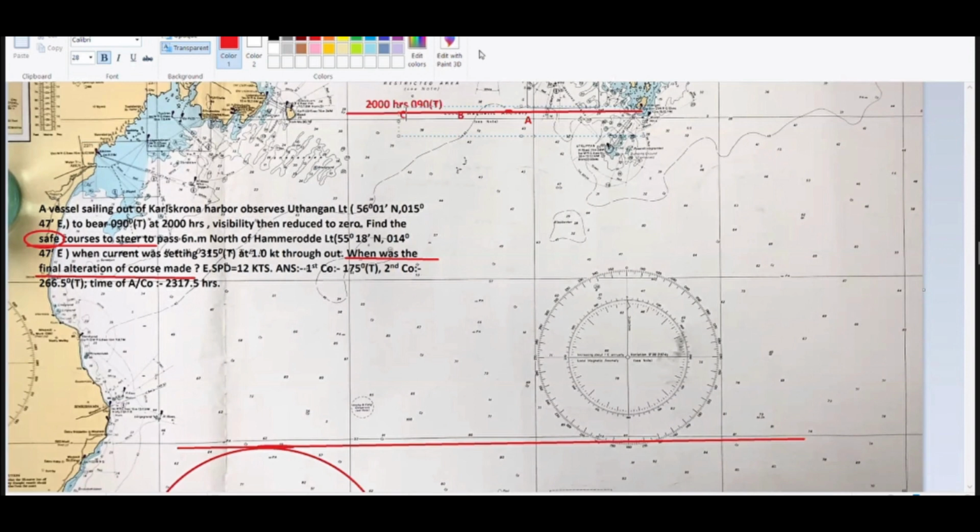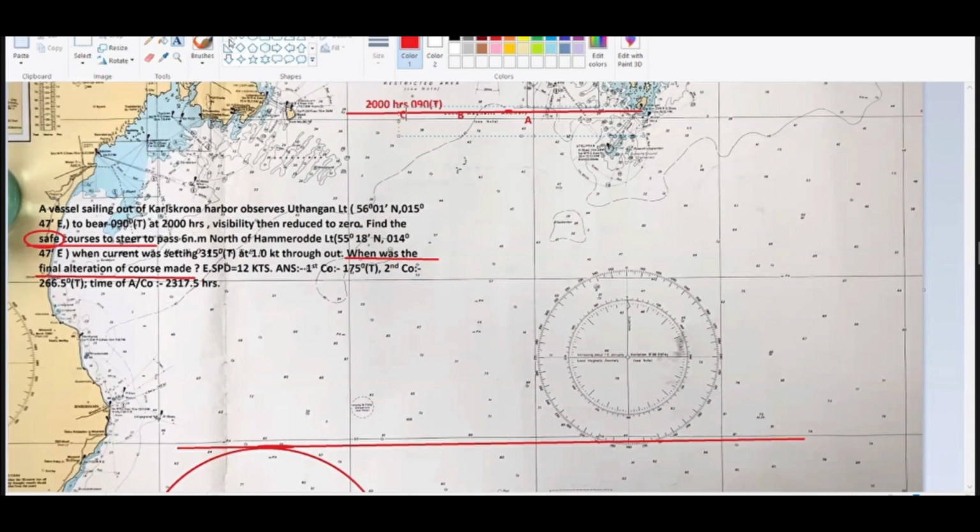Draw 315. And from the 315, you can apply your 1 hour current, 2 hours current, half an hour current, anything. Because I have to find out only the course to steer and speed made good. If the speed made good is not known, then the time of operation we don't know.